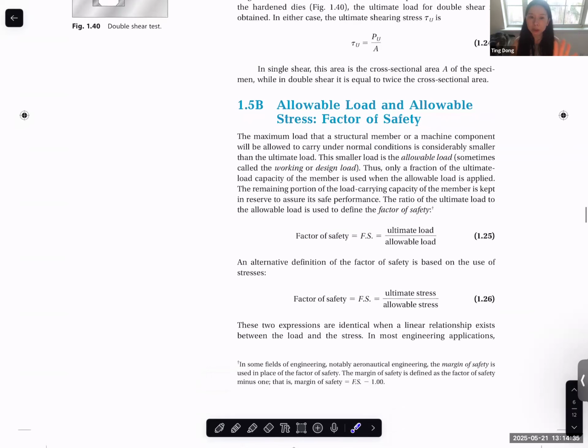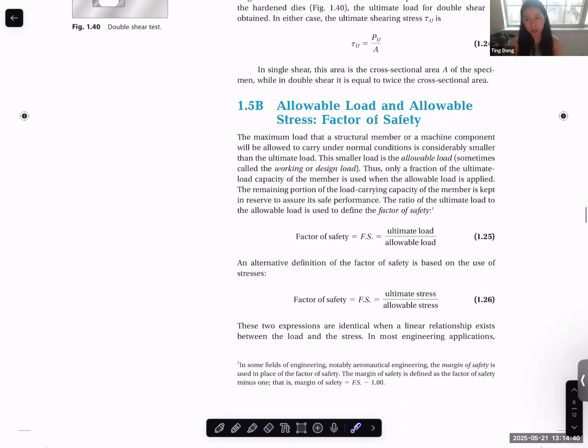Right now, we have learned normal stress and shear stress equal to force over area, different force, different area. Yes, there's a linear relation between the force and stress. But when you go to more complicated cases, we learn the von Mises stress, we learn different theories, and we have combined loading: tensile force, transverse force, torque, bending moment, all applied in one structure.